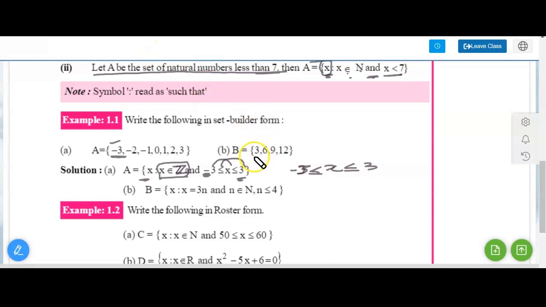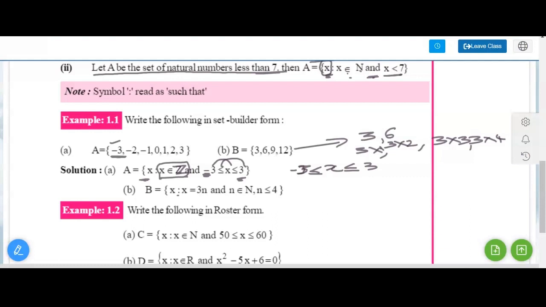Next one is 3, 6, 9 and so on. If you see these elements, you will come to know that they are multiples of 3. 3 twos are 6, so you can write 3 into 2, then comes 3 into 3, then 3 into 4. So it is a multiple of 3.